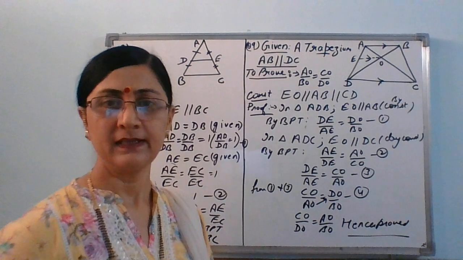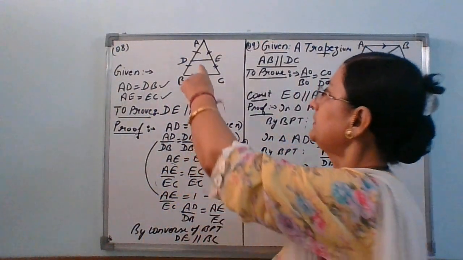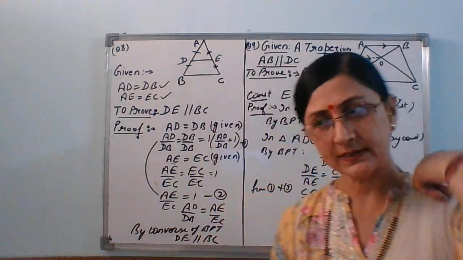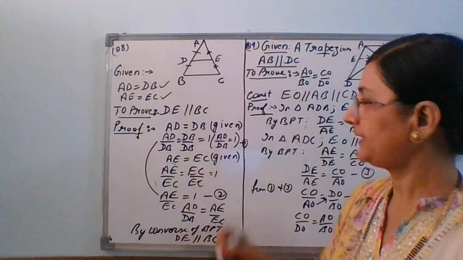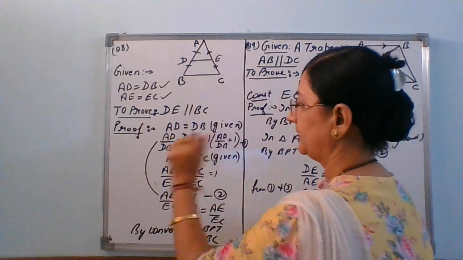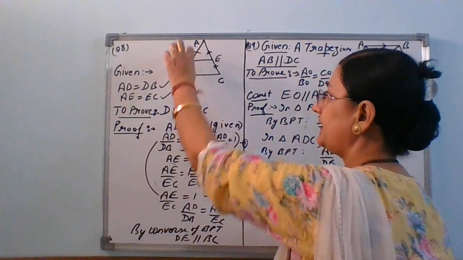Okay, right? So let me just recall the things again. In this question, we were supposed to prove DE parallel to BC, and what was given, D midpoint था और E midpoint था, right? What we did, I wrote the ratio AD upon DB. Ratio जो है उसका आंसर 1 होगा because they are equal lengthwise. AD DB same है.